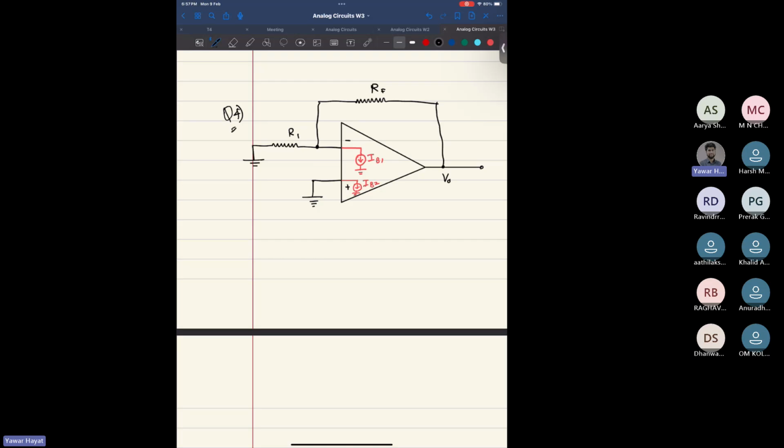Okay, now consider the following. Consider that your IB1 is equal to IB2, and that is equal to 10 nanoamp.